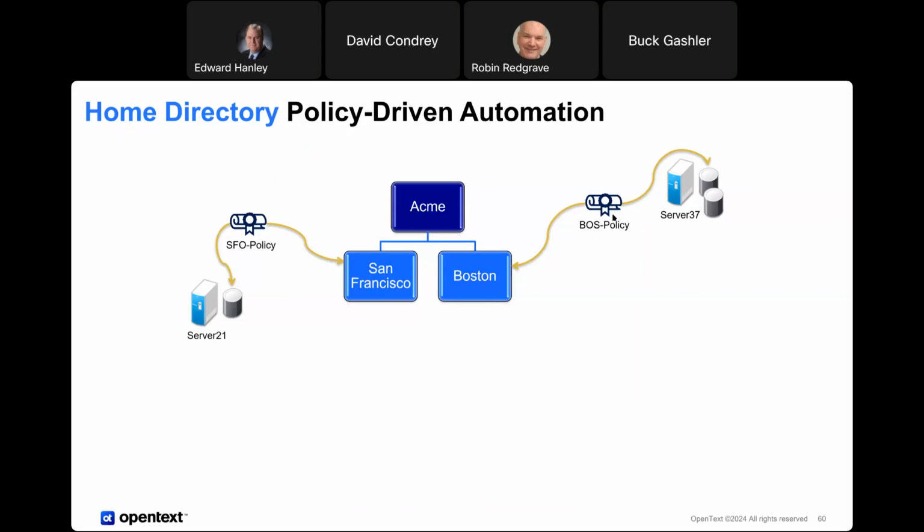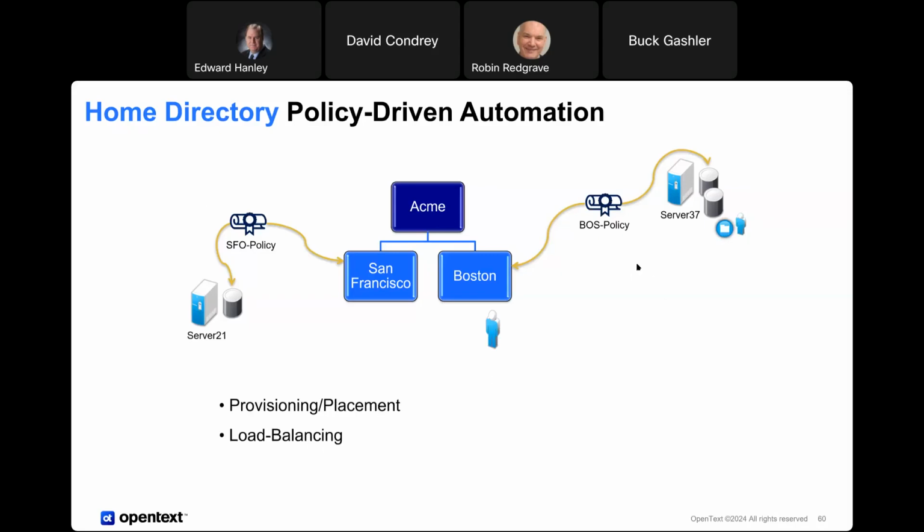So the policy has all kinds of attributes, rules that you put into it. But one is like where things go, where should the data be stored. So as a new user is created, we'll see that as an event and say, oh, well, this policy applies to users in Boston. These are the rules. So we'll create the home folder and set the rights and all that stuff there.